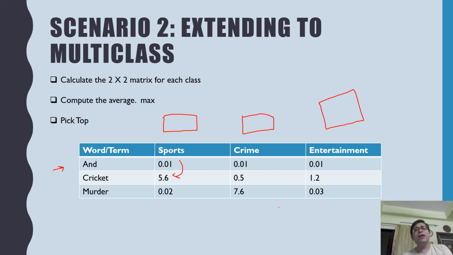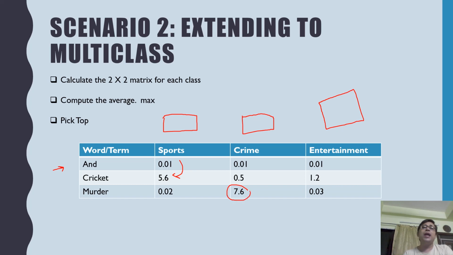You might wonder whether for cricket we can get any value in entertainment. Right now, a lot of cricket news comes under the entertainment category. So you can guess, but I don't want to go into that discussion. Similarly, if you look at a word like "murder", you see that the chi-square value for crime is high.